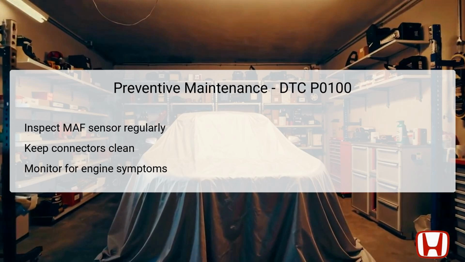Additionally, monitoring the engine's performance for any symptoms indicative of MAF or IAT sensor malfunctions can lead to early detection and repair. Simple practices such as changing air filters routinely can also prevent debris from entering the intake system, ultimately prolonging the life of sensors. By committing to preventive measures, owners can keep their vehicles running smoothly and avoid costly repairs down the line.